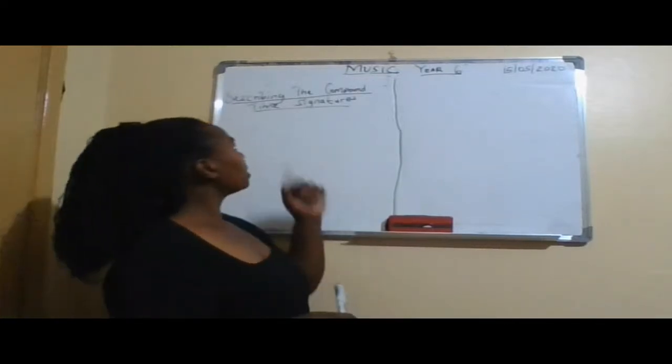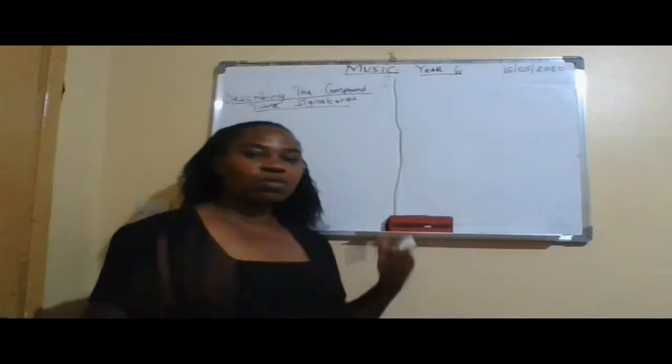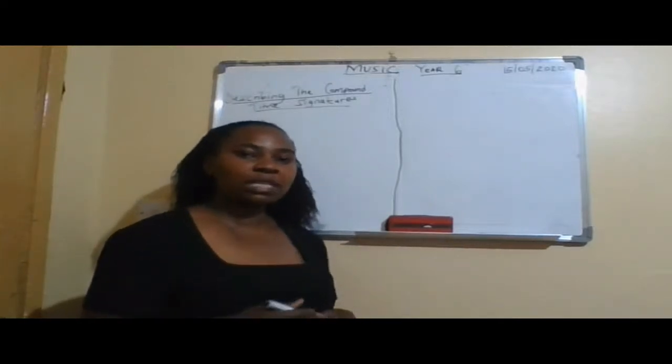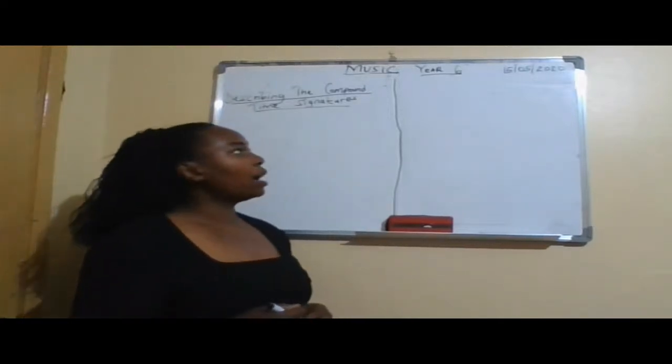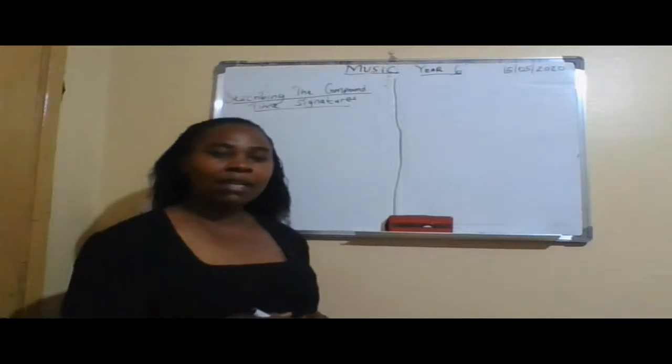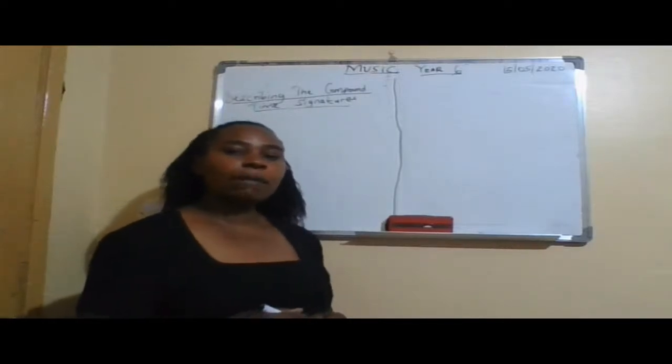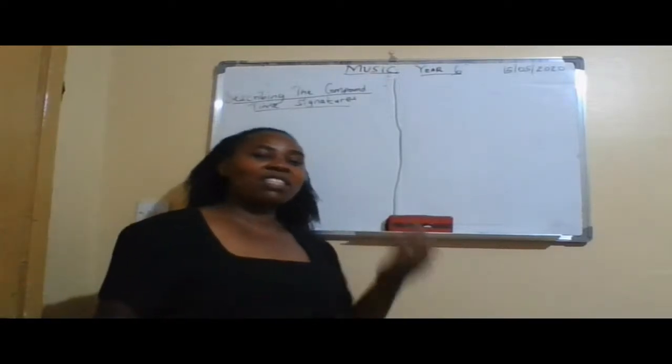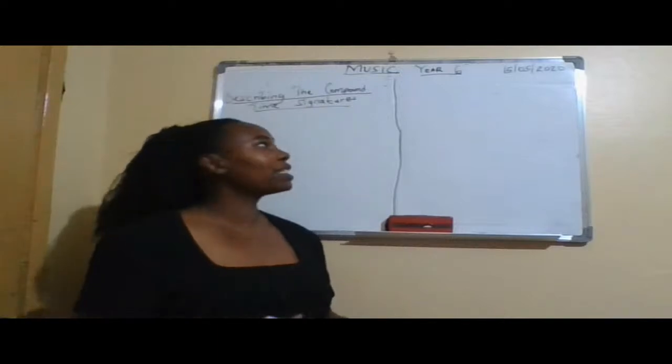Before we look at describing compound time, I want us to remind ourselves what we did last time. Last week, we talked about the differences between simple time and compound time.